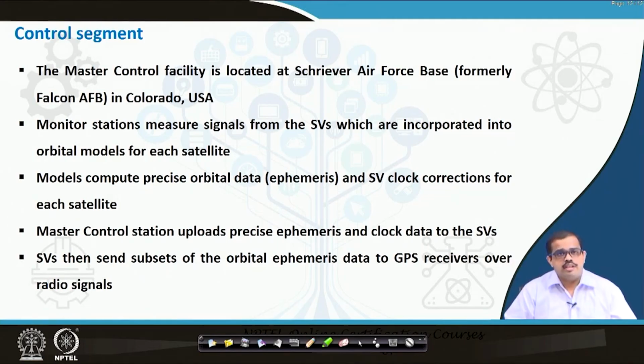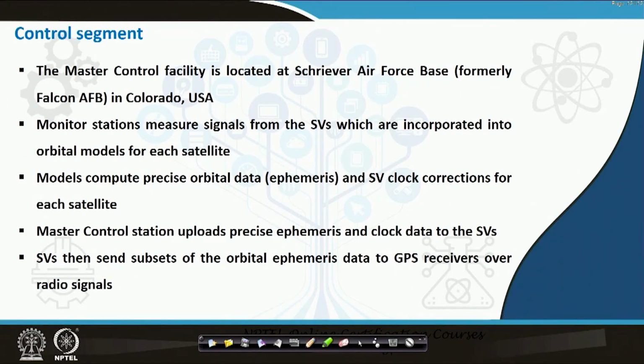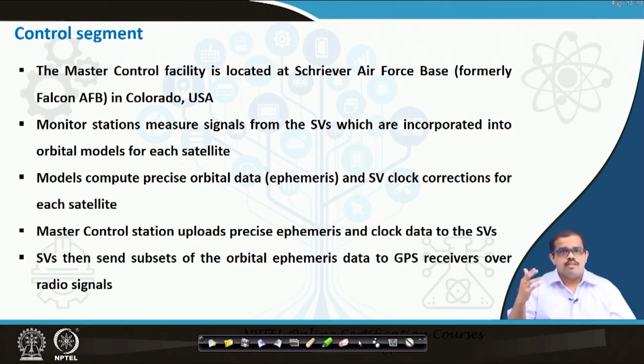Then we have monitor stations that measure signals from the SVs, which are incorporated into orbital models for each satellite. This is a very important point where the signals are sent from the satellite vehicles, so that the orbital models for each satellite are computed. Then the models compute the precise orbital data. This is extremely important in terms of your signals.